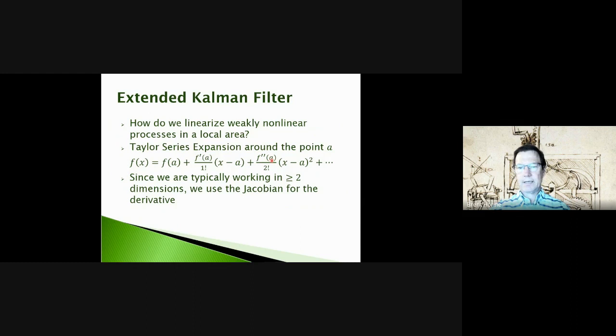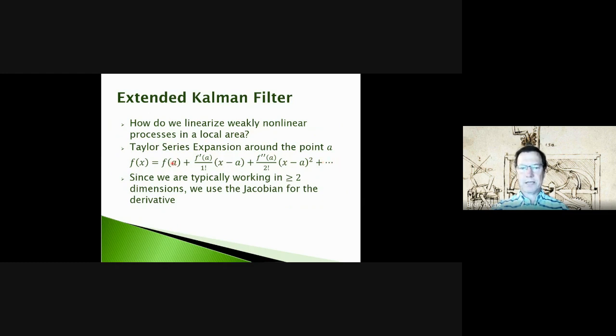And then add to that the second derivative at A divided by 2 factorial, and then x minus A quantity squared, and so on, right? Dot, dot, dot, out to infinity.